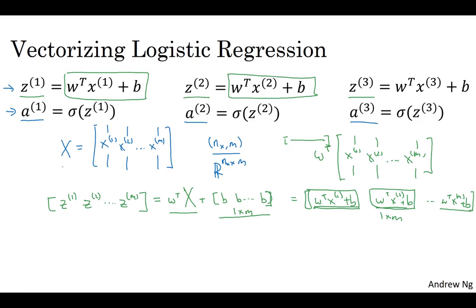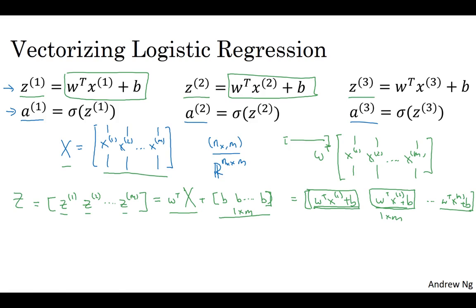So just as X was what you obtained when you took your training examples and stacked them next to each other, stacked them horizontally, I'm going to define capital Z to be this, where you take the lowercase z's and stack them horizontally.